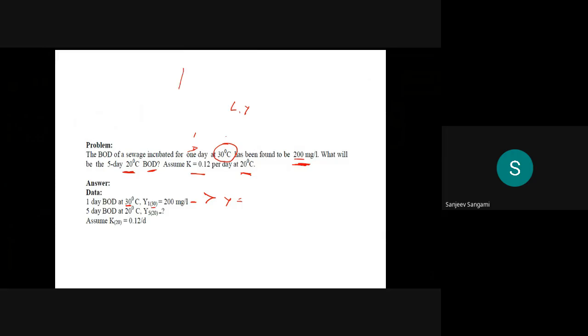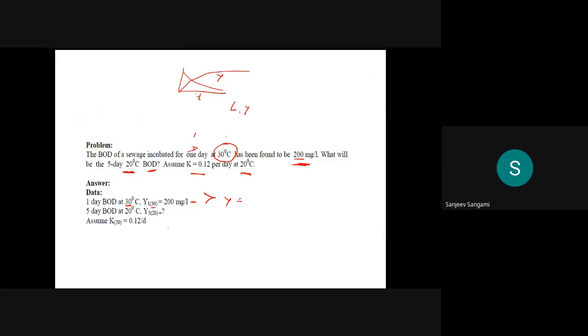Means the curve I have drawn in the previous case, that is the BOD exerted, that is the Y, the Y value will go on increasing as time progresses, but the L value will come down. With this example you can understand.